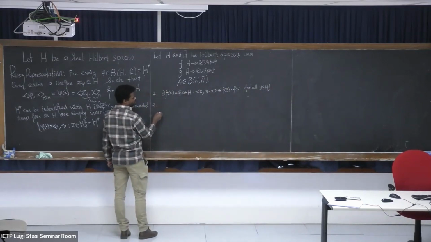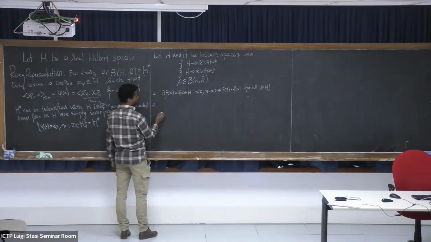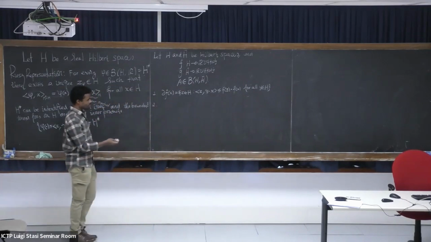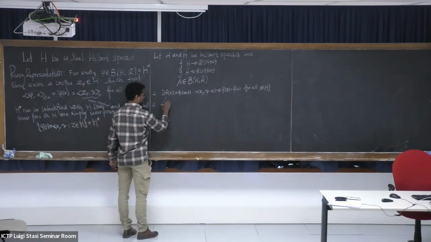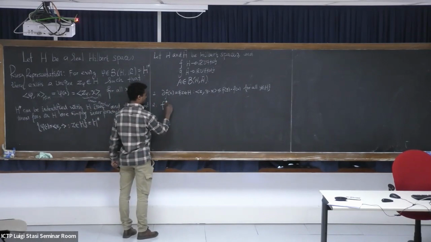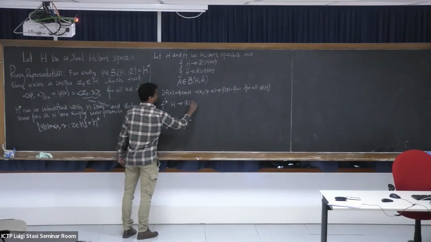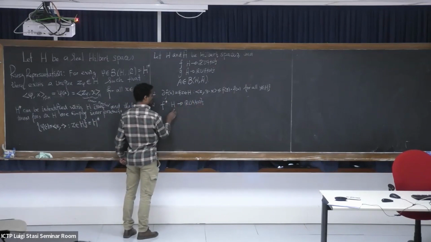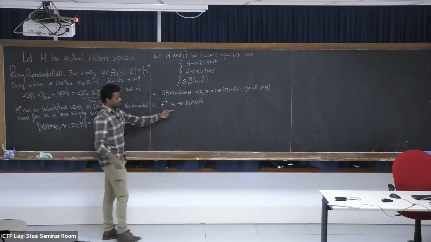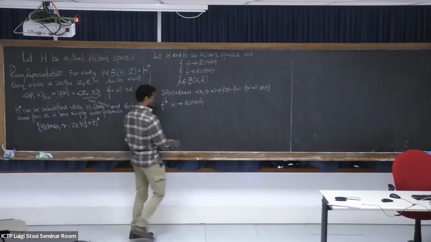And if we have this, how about the dual? F star is from H, since the dual space of H is represented as H itself.